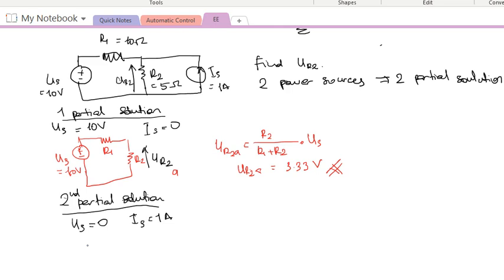It means both points are basically the same point. So when they are the same point, what we can draw is basically just a conductor. You don't have US, but you have a short circuit, what we call a short circuit.